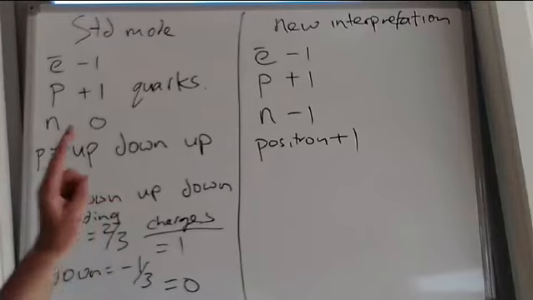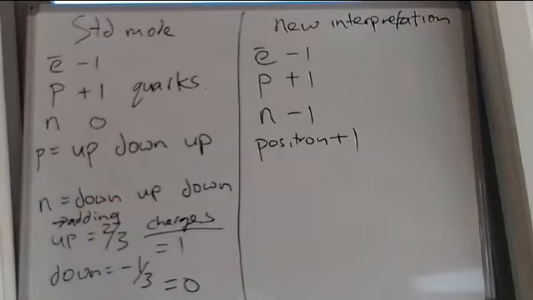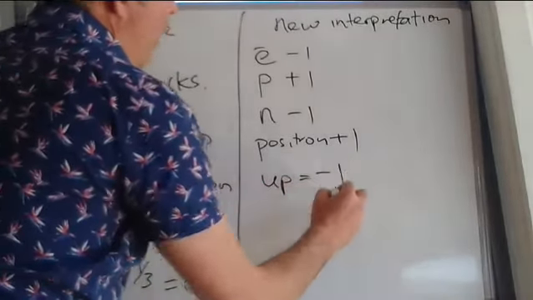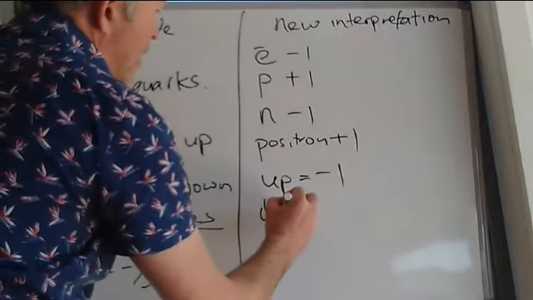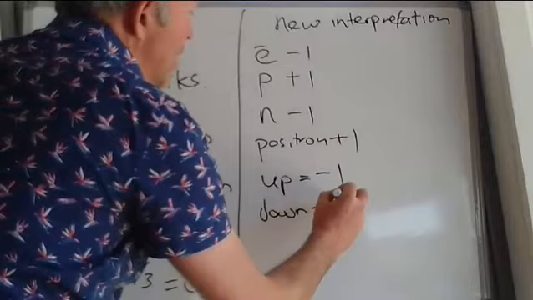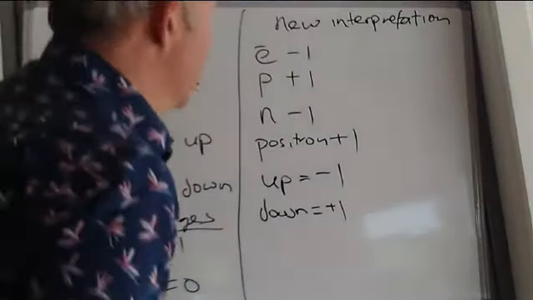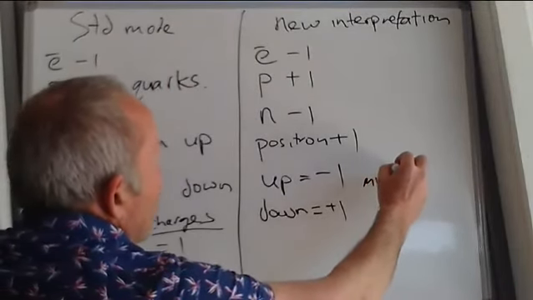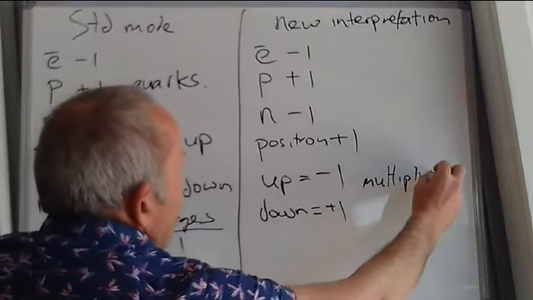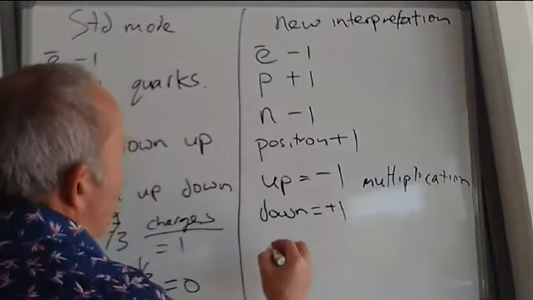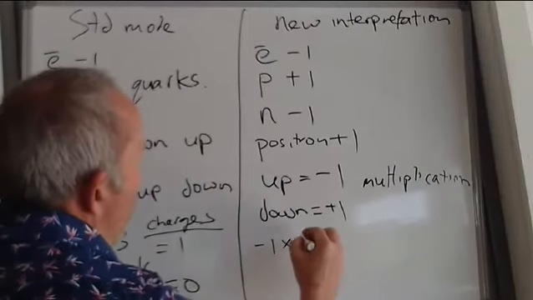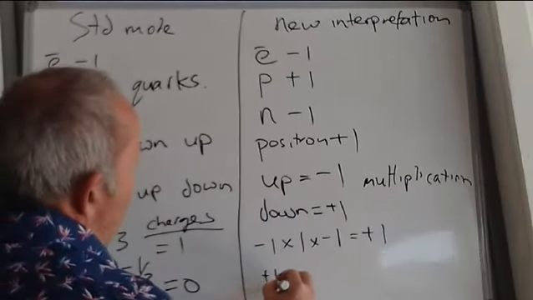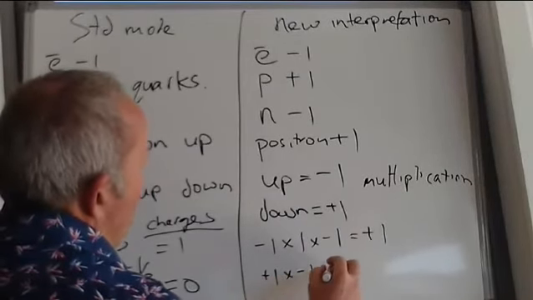The new interpretation is up equals -1, and down equals +1. And in this case, it's multiplication. Okay, so -1 times 1 times -1 equals +1. +1 times -1 times +1 equals -1.